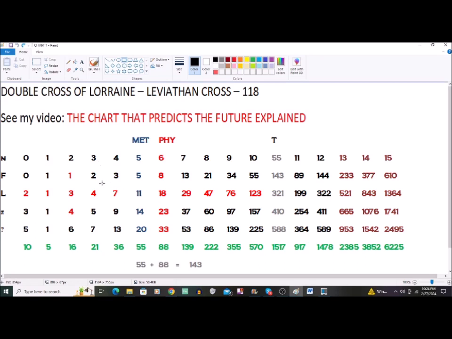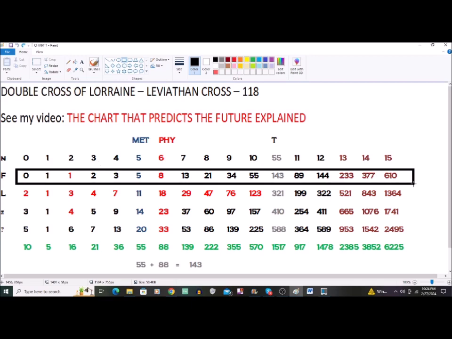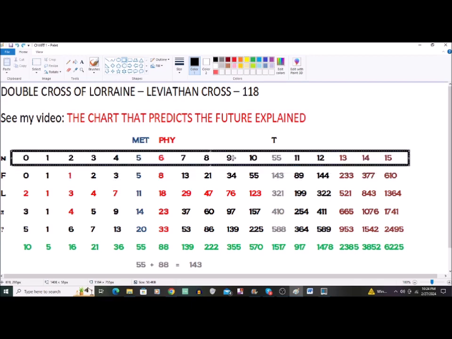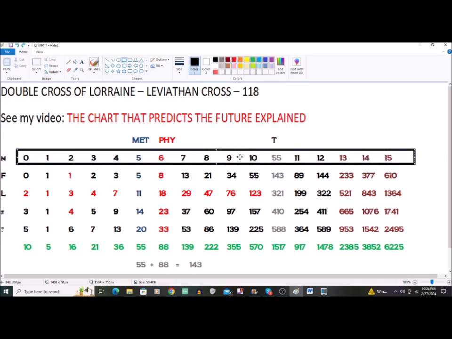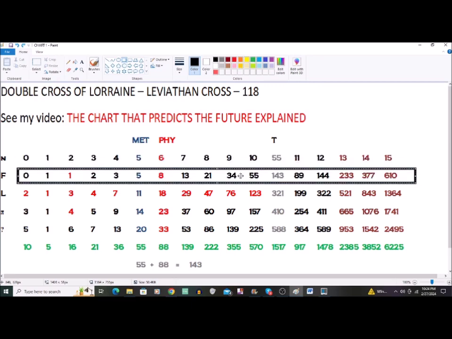But what we basically have here is a chart of Fibonacci type numbers. So here is our row of Fibonacci numbers. Above that is just the standard bog standard number line. Then Fibonacci, however you want to say it.